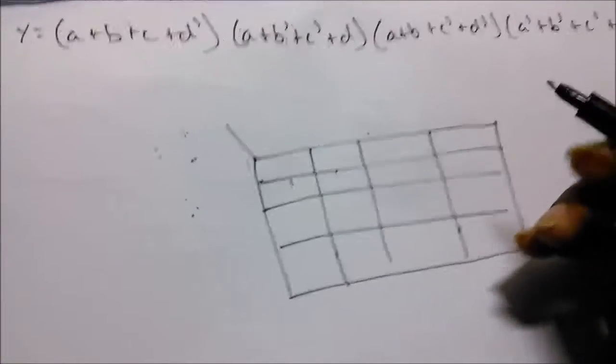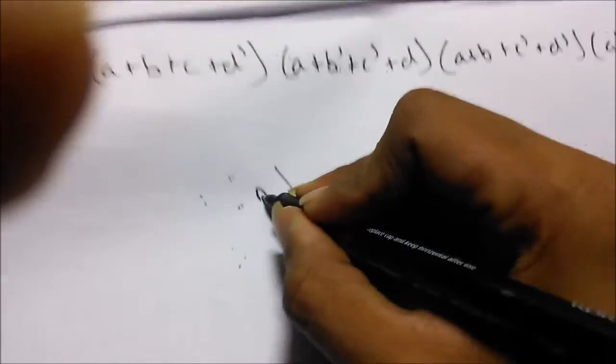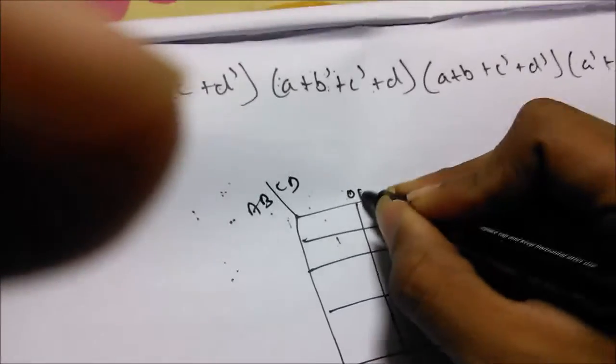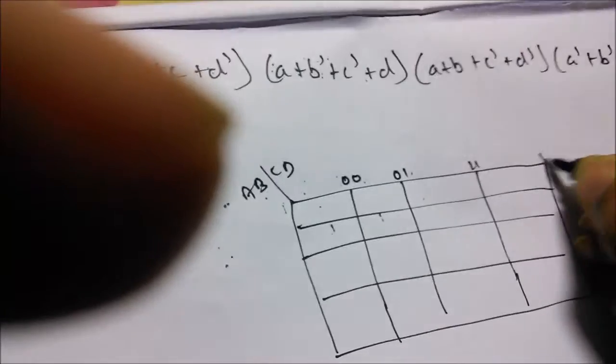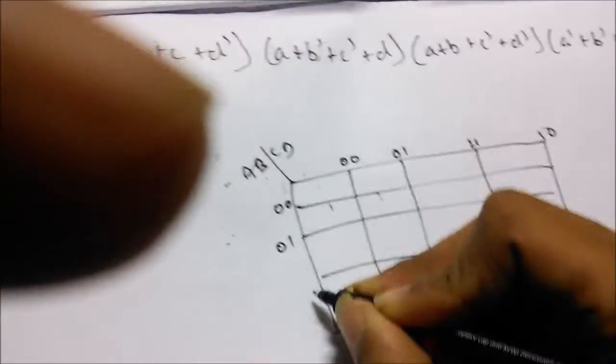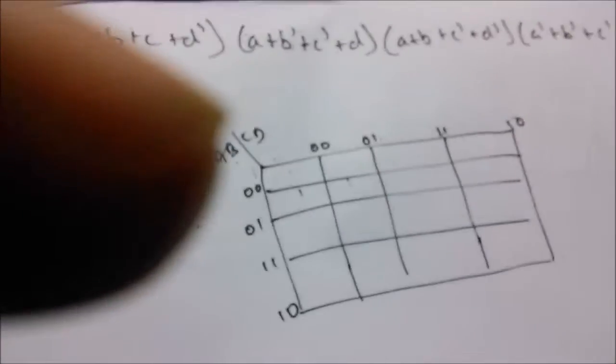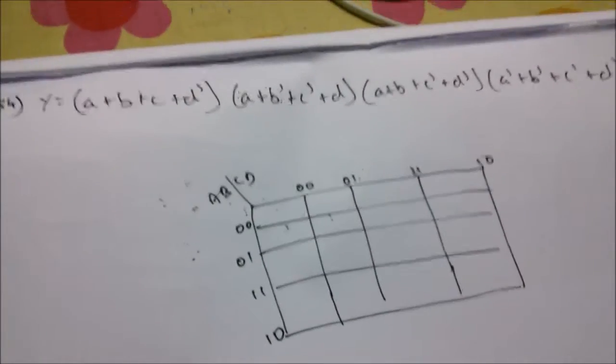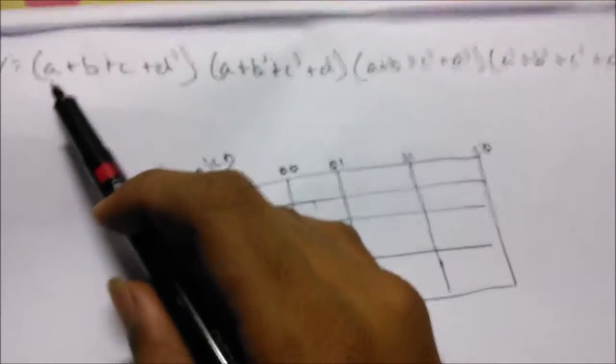And then we go about marking. So the same markings. And then based on this literal, now this is A plus B plus C plus D dash.